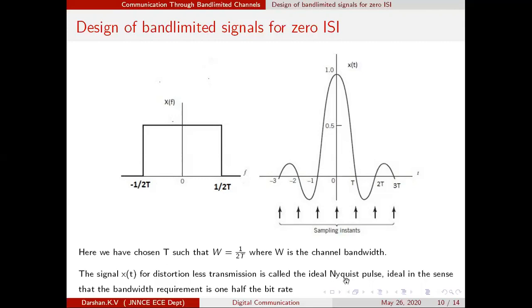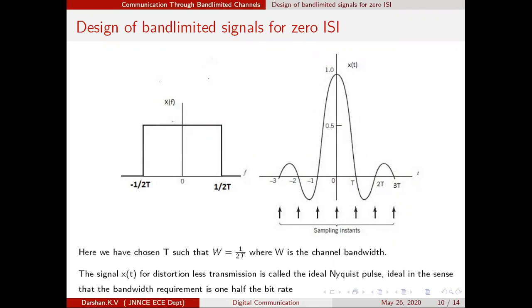And the reason why it is ideal is, just observe the frequency domain function X of f. See, there is an abrupt transition from a higher value to a lower value, from a maximum value to the 0 value.